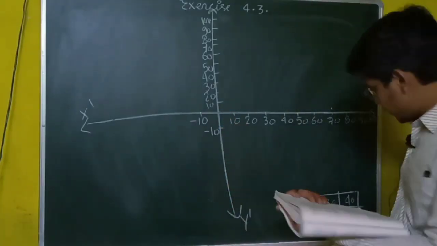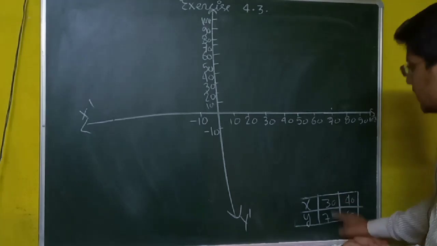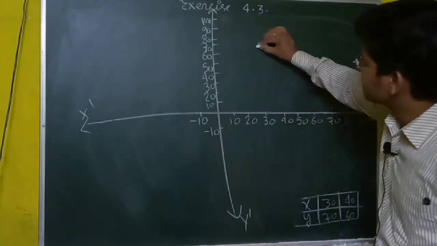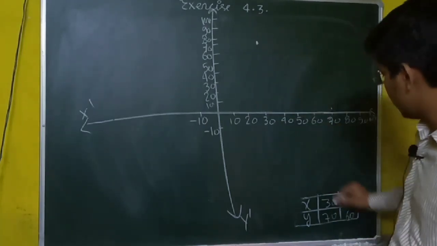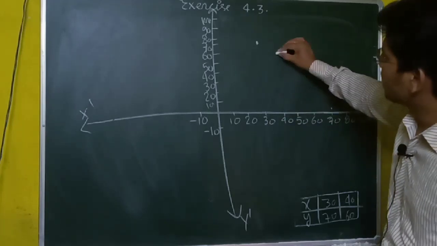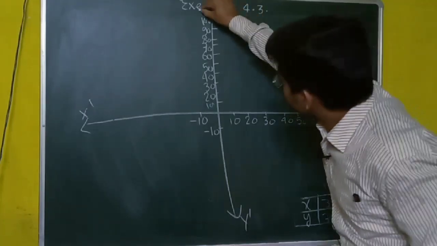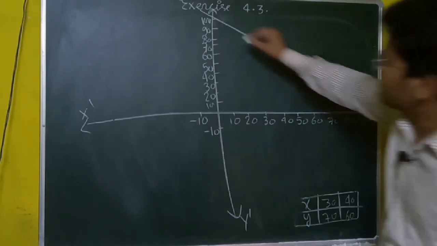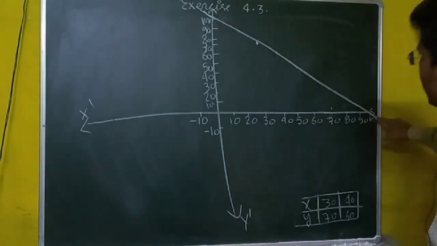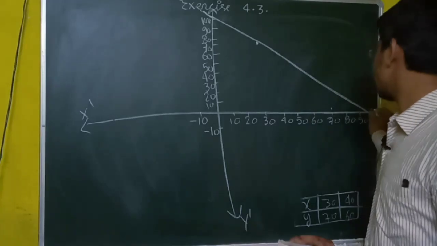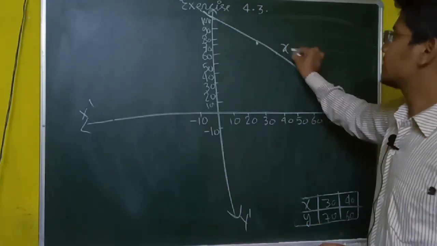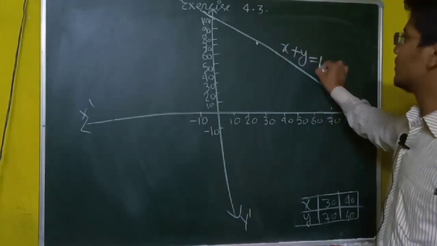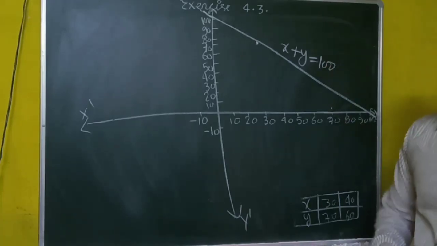Now first we have to represent 30 and 70. So 30 comma 70 will lie here. Then 40 comma 60 will lie here. We will join these both points, so the line will pass from here, also through 100 and here also through 100. So this is the representation of x plus y equals 100.